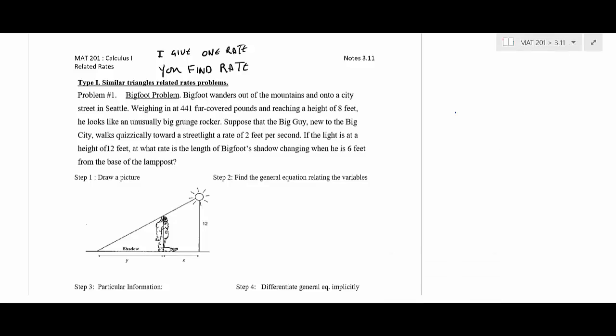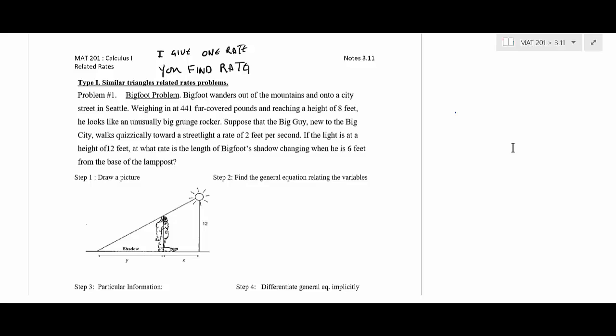let's read the problem and kind of get everything put together. What I try to do on related rates is take you through this process. You follow these steps because these are all the things you're supposed to think about. So first of all, what this problem is saying is this. You got Bigfoot here, and you got the sun, and then Bigfoot is moving.